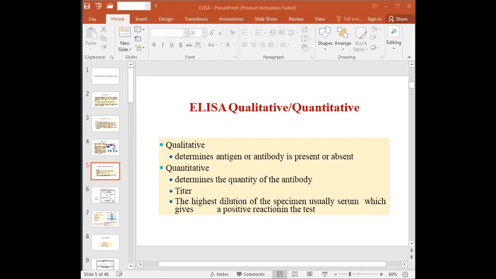The titer is nothing but the highest dilution of the specimen, usually the serum, which gives a positive reaction in the particular test. That highest dilution is considered the titer value for that specimen.